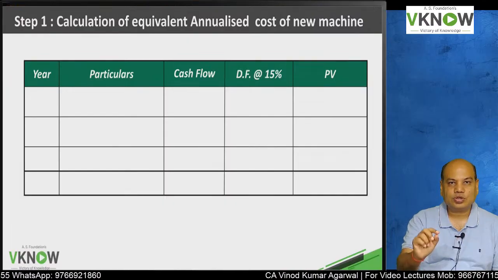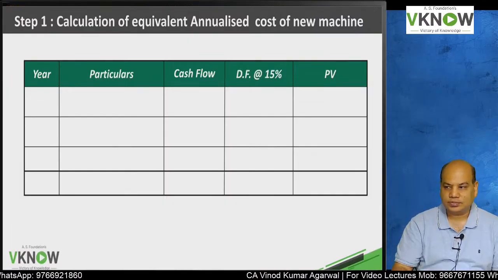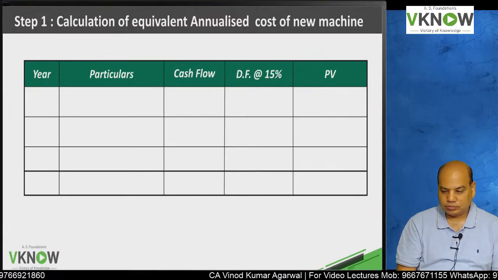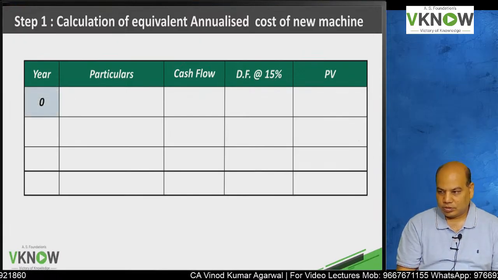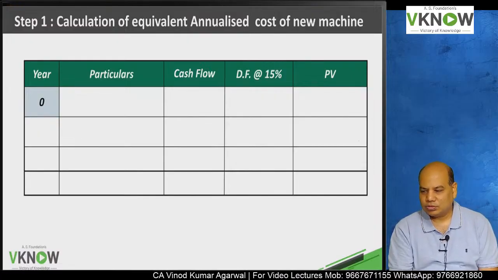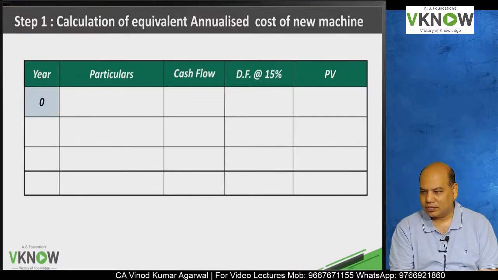How much does it cost to use the new machine per annum? The format is the same: year, particulars, cash flow, discounting factor at 15% and present value.